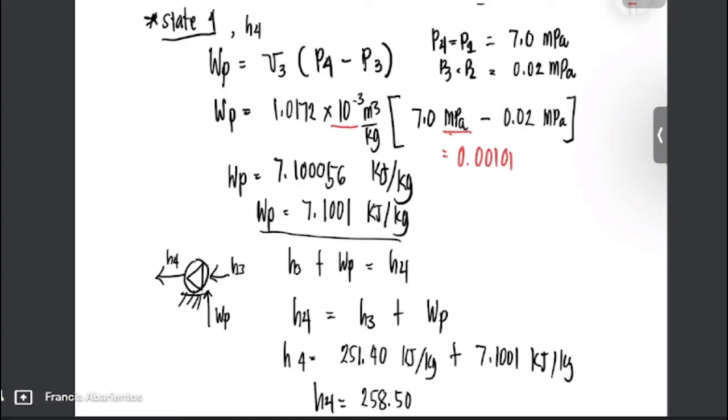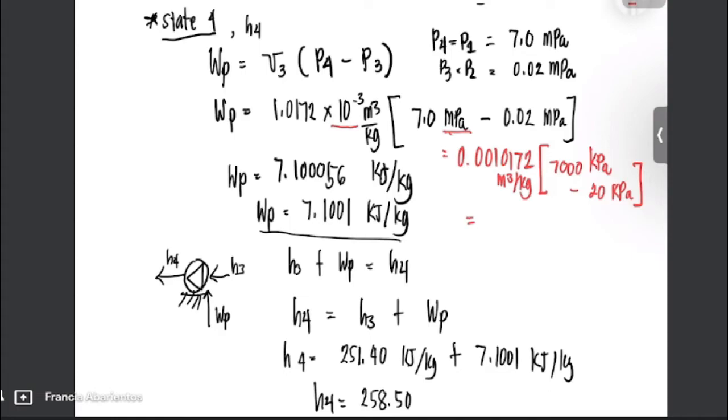Ayan, isulat mo yan sa calculator mo para eksakto ka. This is now in cubic meter per kilogram. And yung 7 MPa mo, i-kilopascal mo, kilopascal minus 20 kilopascal. Yan. I-compute mo yan.